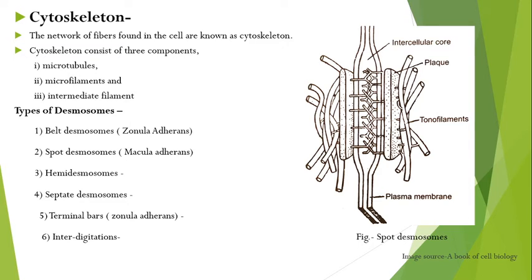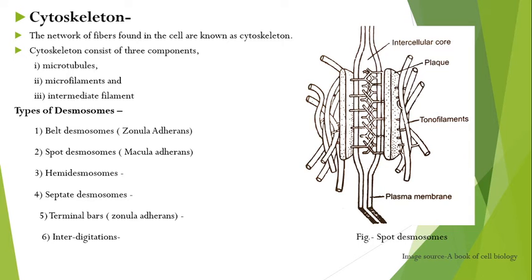These are protein types. Tonofilaments extend inward from the plate, anchoring the desmosomes in the cytoplasm. The main protein present in the tonofilament is the intermediate filament, keratin, desmin, or vimentin, depending on the cell type.